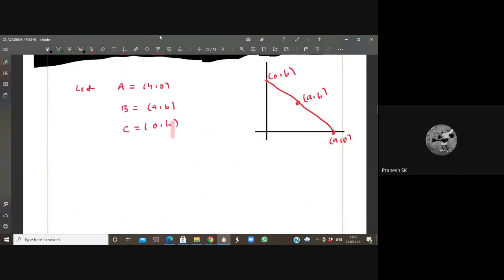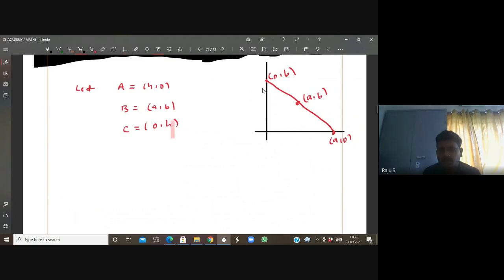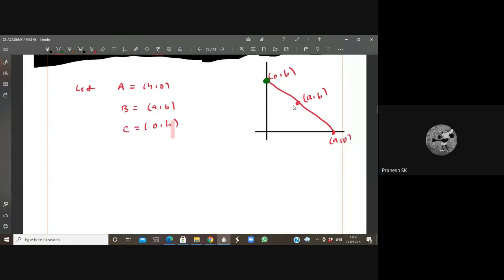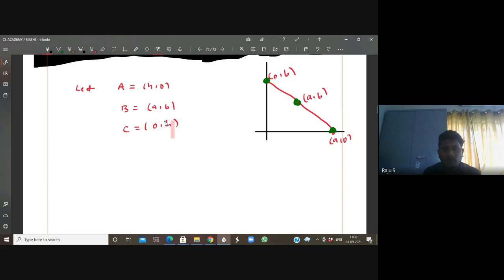See here, when you observe the graph, all 3 points lie on the same line. Zero comma k. Okay, right. Now slope of AB.